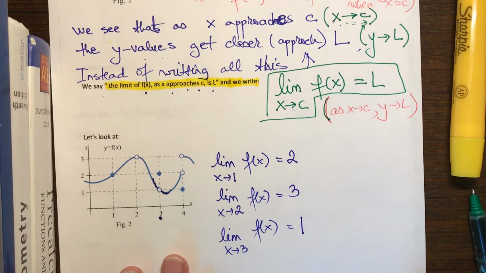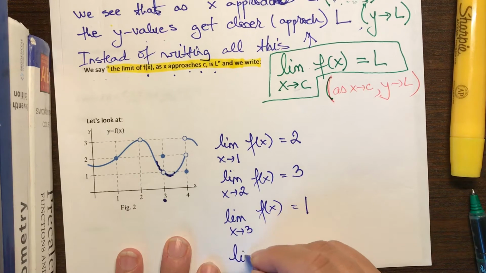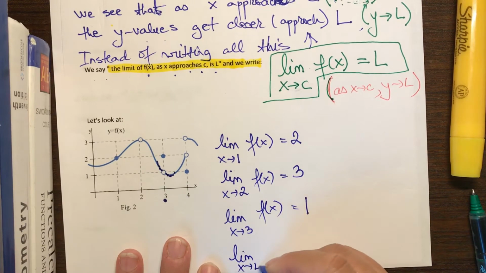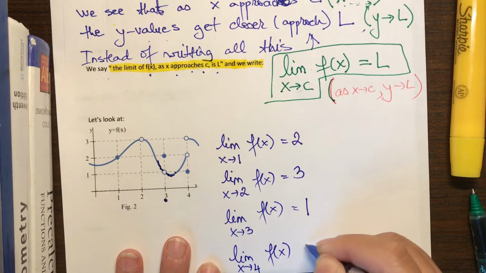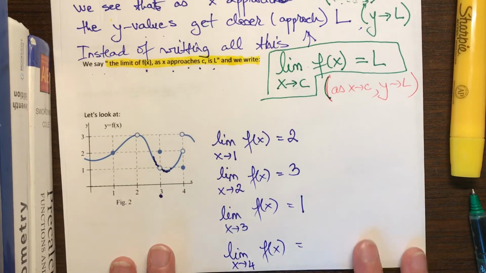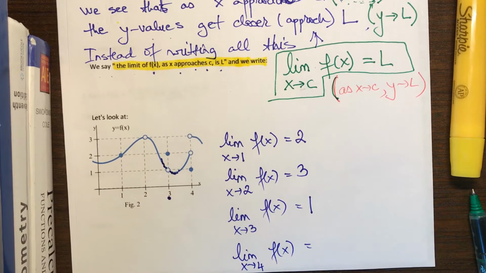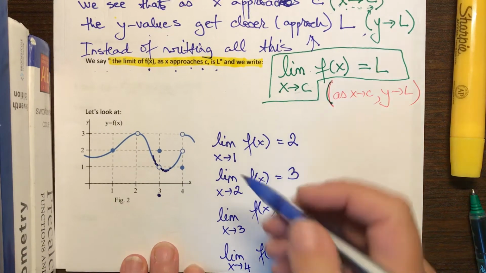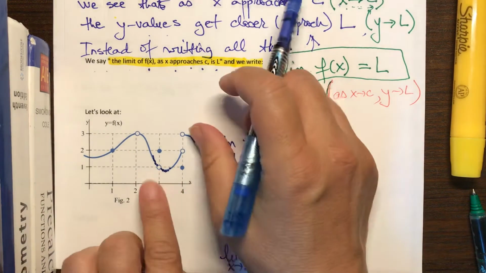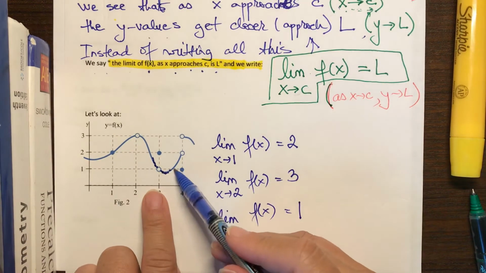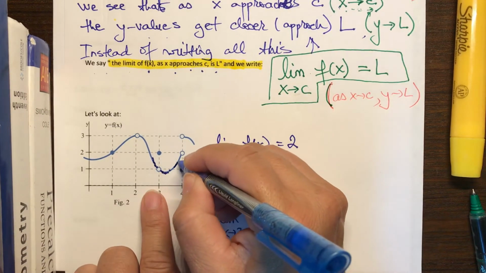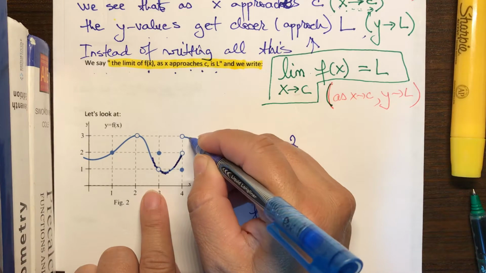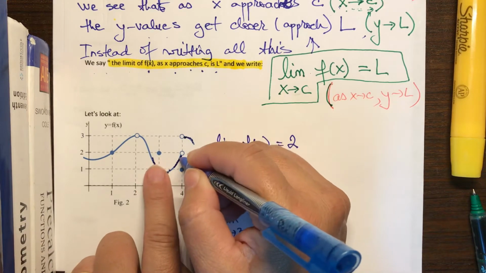Okay, and finally, what is the limit as x approaches 4 of this function? I want you to look at the graph and see where we're pushing. As x gets close to 4, wait a minute, what happens here? Well, I'm getting close to 4 here, and I'm getting close to 4 here.